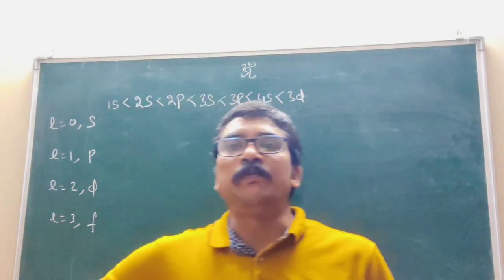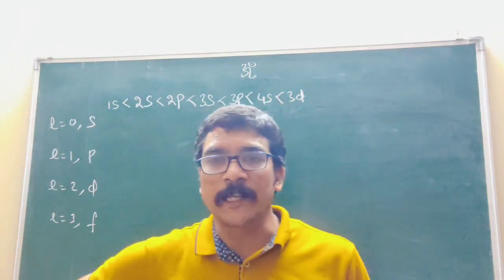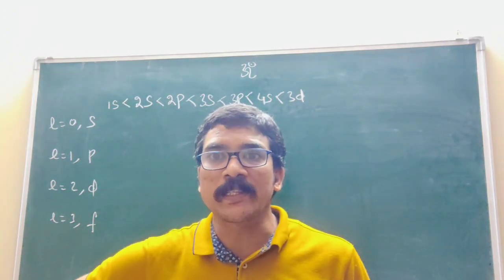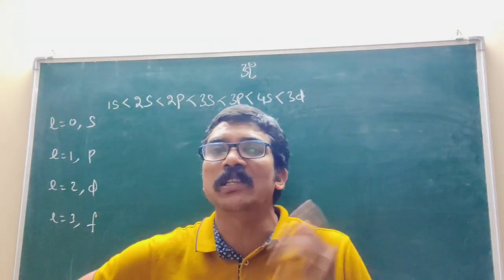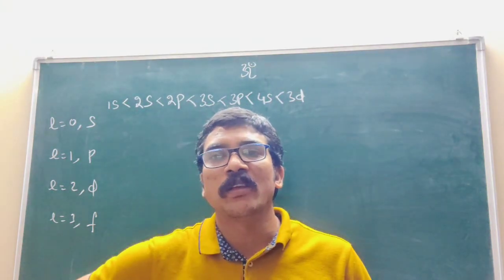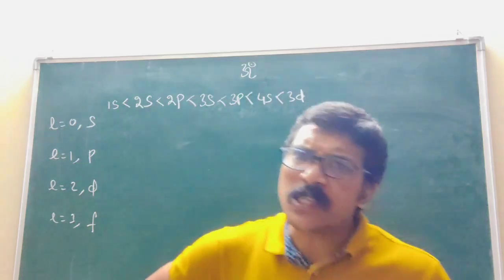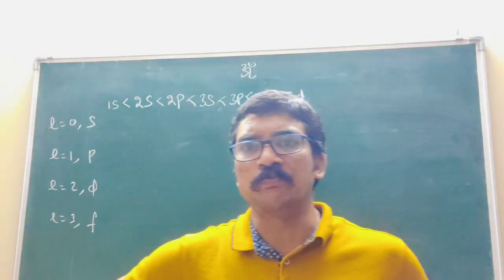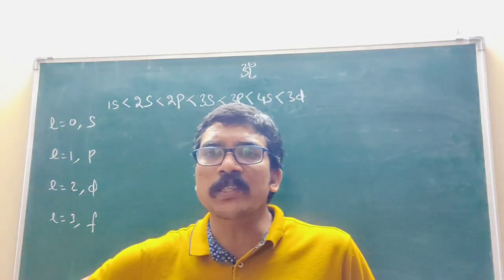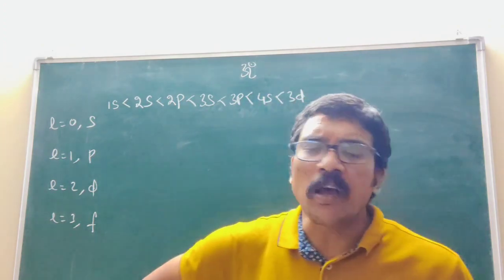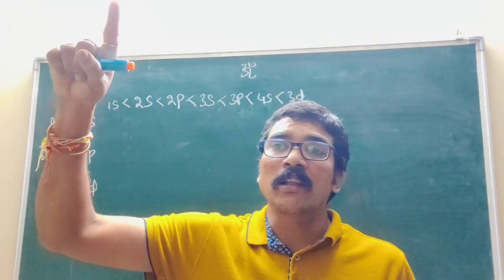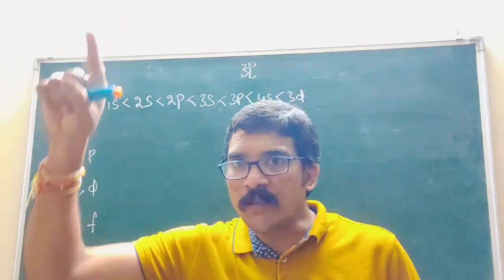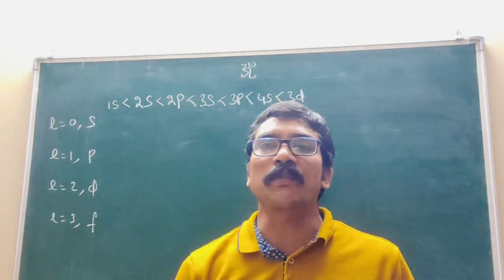In the 1A group, there are so many elements. How many elements in the 1A group? Hydrogen, lithium, sodium, potassium, rubidium, cesium, francium. In any element, is any exception there? No, there is no exception. In all elements, the expected configuration is ns1 in the last shell.